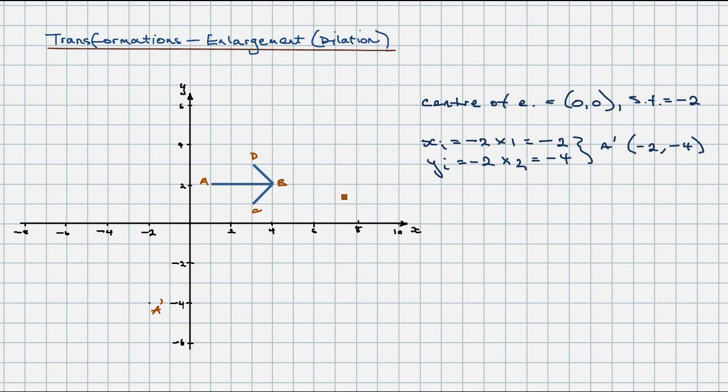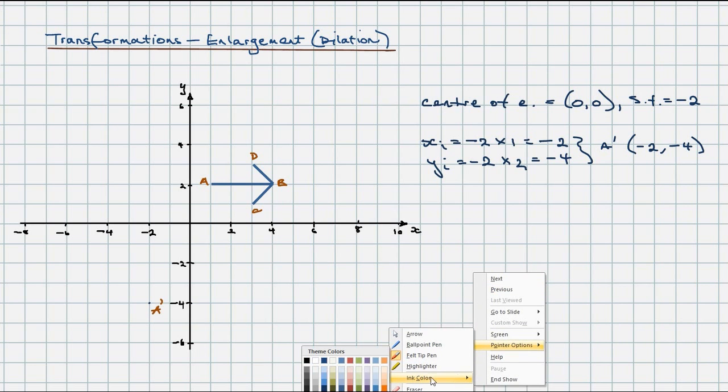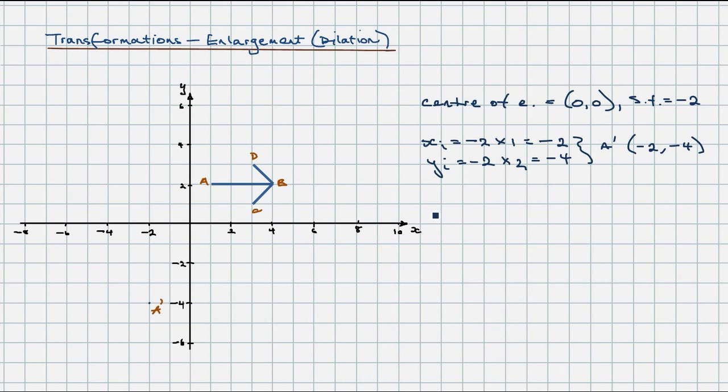Let's go for B. So if A has gone to here to become A prime, where's B going to go in relation to A? Okay, let's use the same method. So we've got the x coordinate of the image is our scale factor minus 2 times 4, because the x coordinate of B is 4, giving us the x coordinate of the image as minus 8.